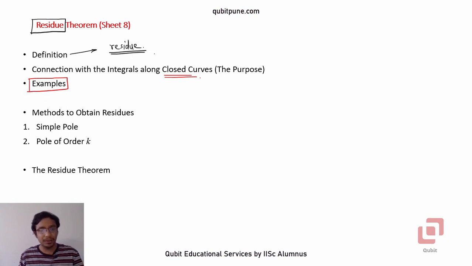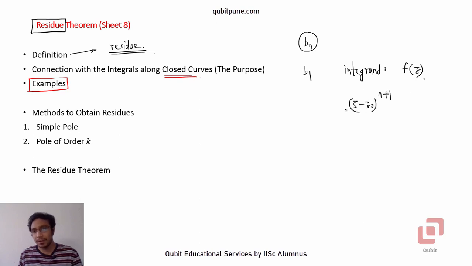Now this has something to do with the formula for finding Bn. Remember, if we let n be 1, that is B1, then the integrand simply reduces to f of z, because it is f of z times z minus z naught raised to n plus 1.